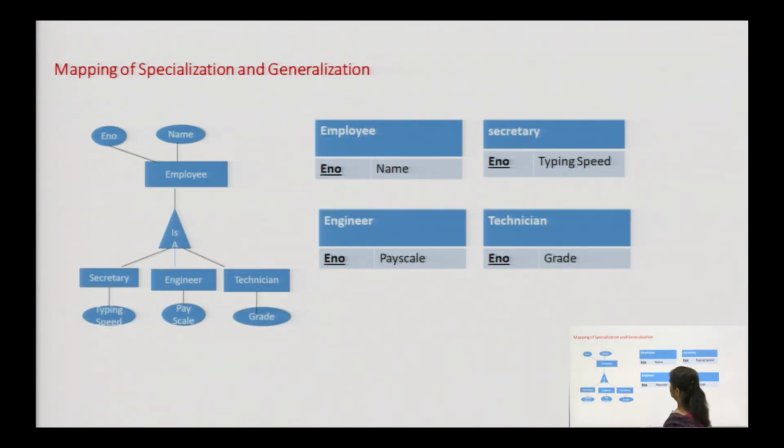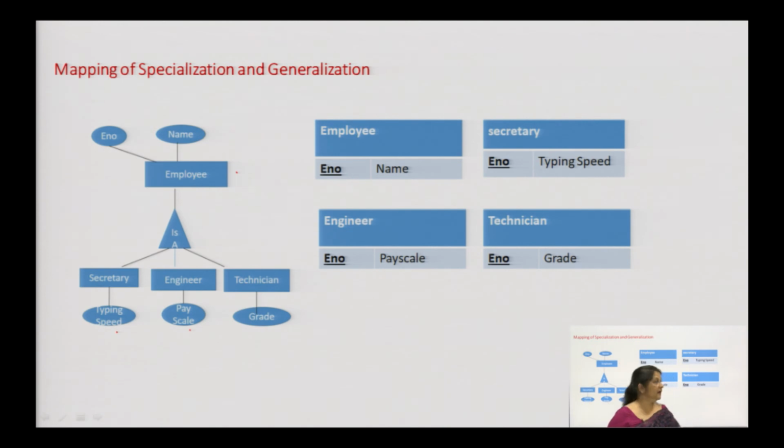So, this is what is here. We have employee as the superclass, we have the subclasses as secretary, engineer and technician. The common attributes are ENO and name. The specialized attributes are typing speed, pay scale and grade.